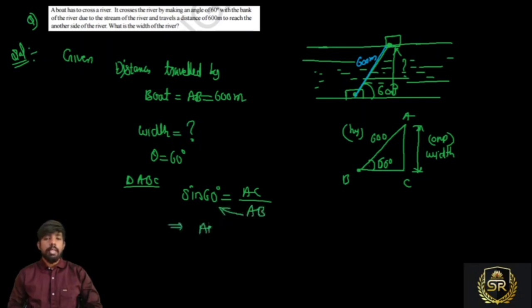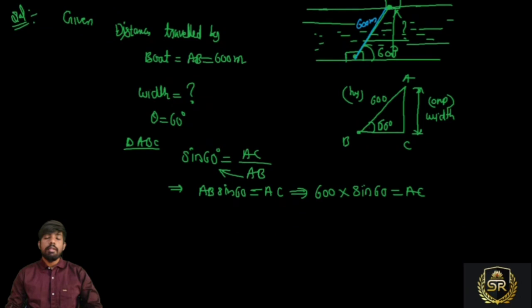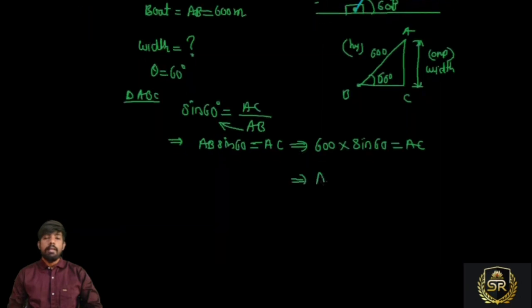AB into sine 60 degrees is equal to AC. AB is 600, so 600 into sine 60 is equal to AC.